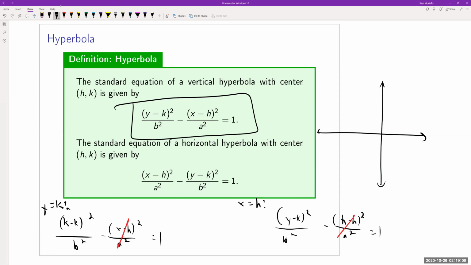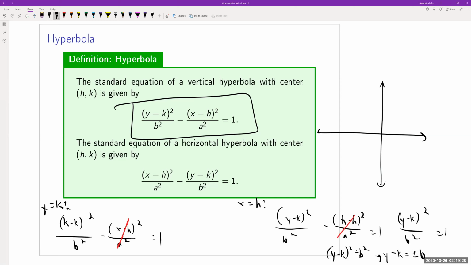On the right-hand piece, that gives me (y minus k) squared over b squared is equal to 1. I'll multiply both sides by b squared. I'll get (y minus k) squared is equal to b squared. I'll square root both sides, and that gives me y minus k is equal to plus or minus b.